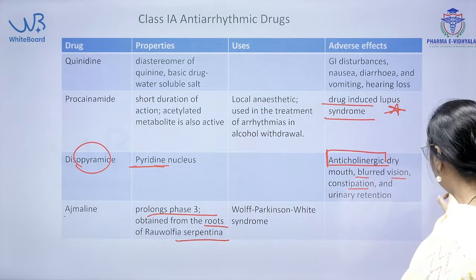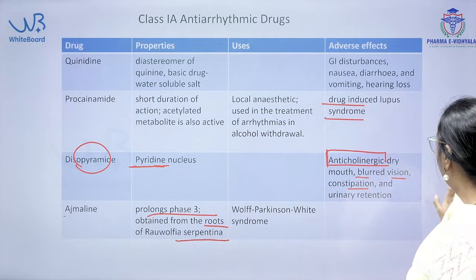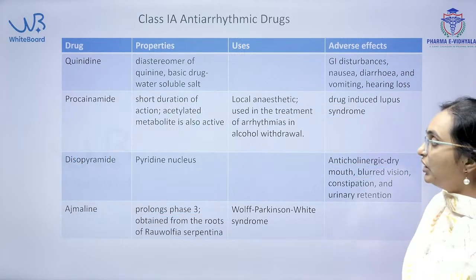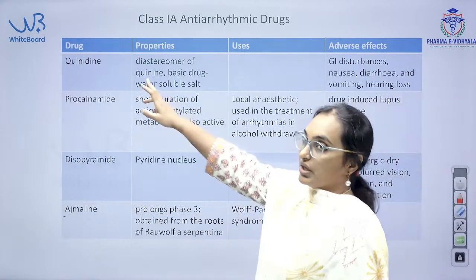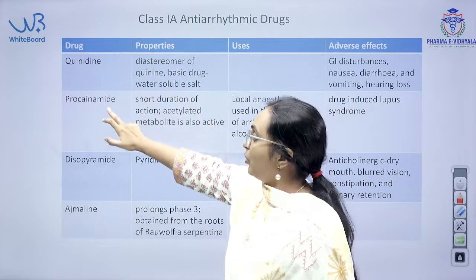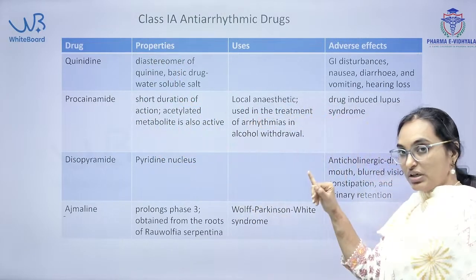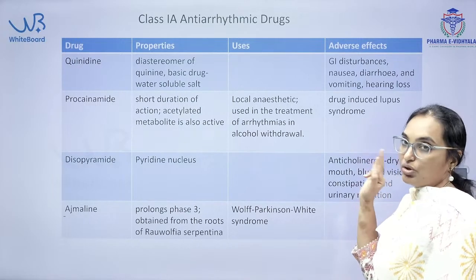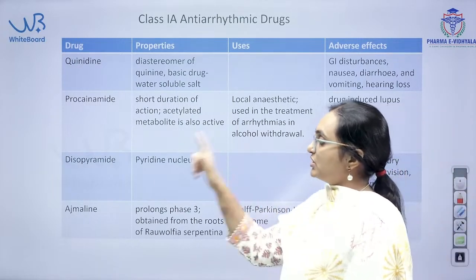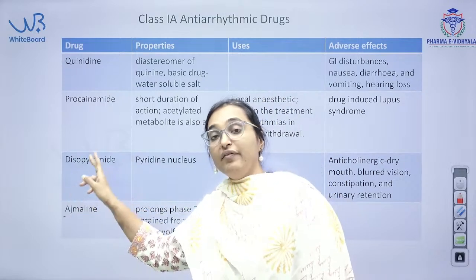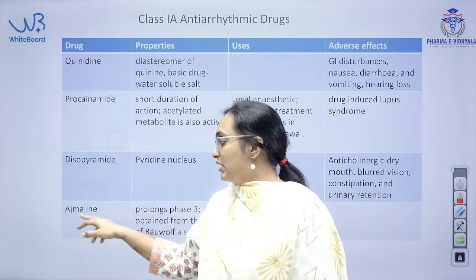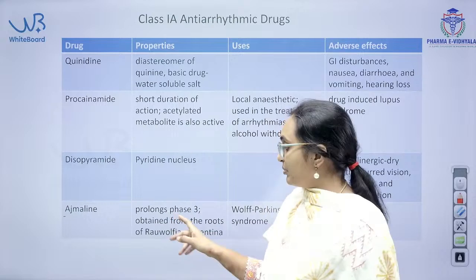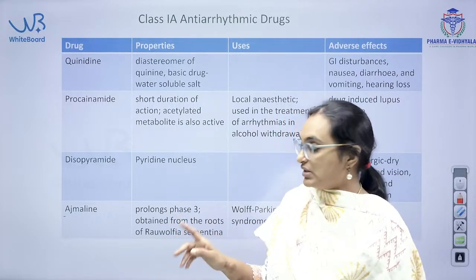Very important points I am covering here. Quinidine is a diastereomer of quinine. Procainamide is an anesthetic and antiarrhythmic; drug-induced lupus syndrome is a side effect. Anticholinergic side effects are seen in disopyramide, which has a pyridine nucleus. Ajmaline is a natural one obtained from the roots of Rauwolfia serpentina.